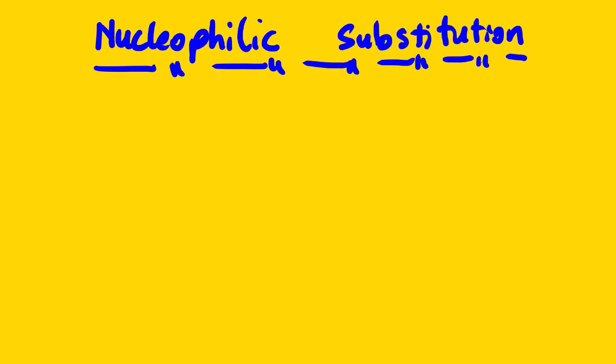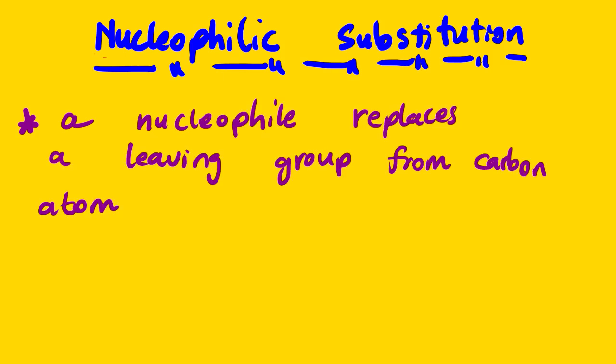So you can see the part of that word, nucleophilic substitution, it's something that has to do with a nucleophile. Now these are the things that are actually happening in a nucleophilic substitution. You should know that a nucleophile replaces a leaving group from a carbon atom.